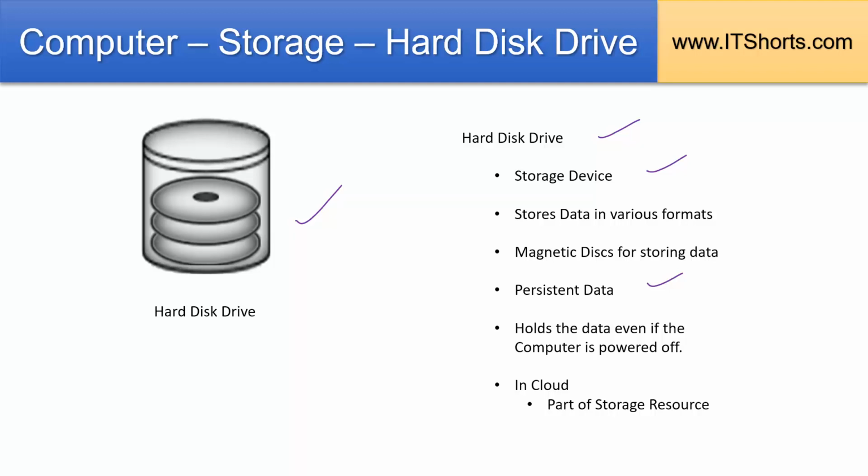It won't get deleted or erased. In other words, the hard disks do not need a constant power supply to keep the data in it. I will explain about storage in detail later, but as you can see, this will be part of storage resource in cloud.